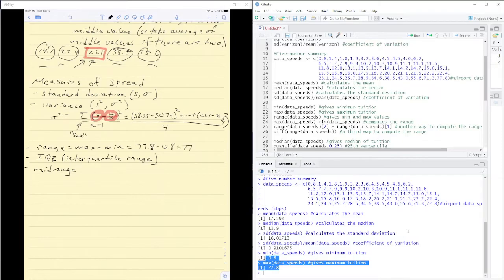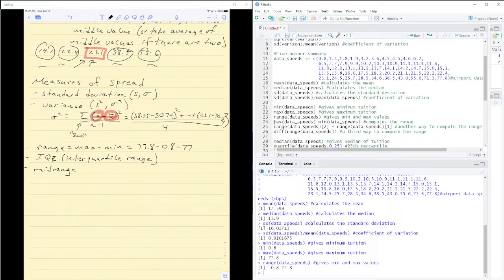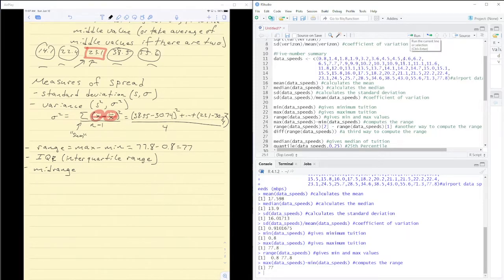Okay, that's one way you could do it. There's the command range that will give you both the min and the max at the same time. Instead of looking at the min and max separately, you can use the command range and it'll give you both of them. And if you wanted to calculate, you could do max minus the min in one line. That's one way you can calculate the range.